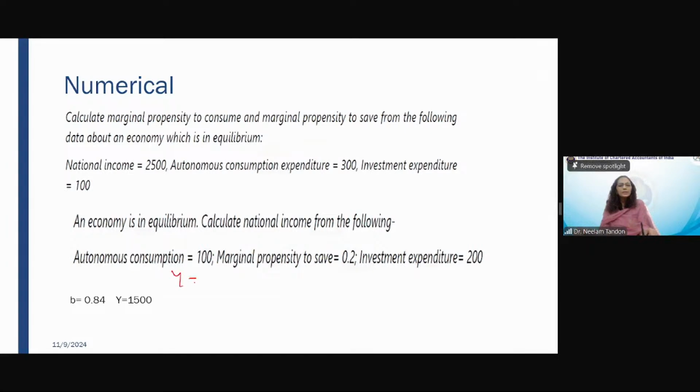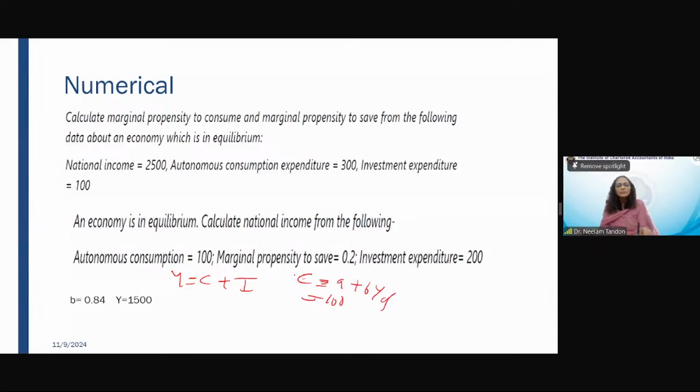National income Y is equal to C plus I. But before we go for C plus I, we know that autonomous consumption is given, and C is equal to A plus BYD. They have given you A, which is 100. You have to find out B. B is the marginal propensity to consume.